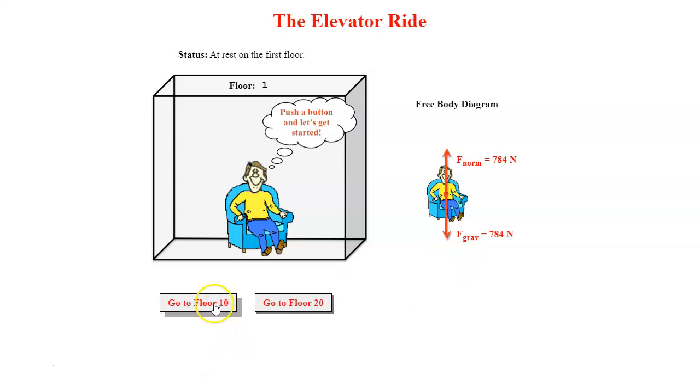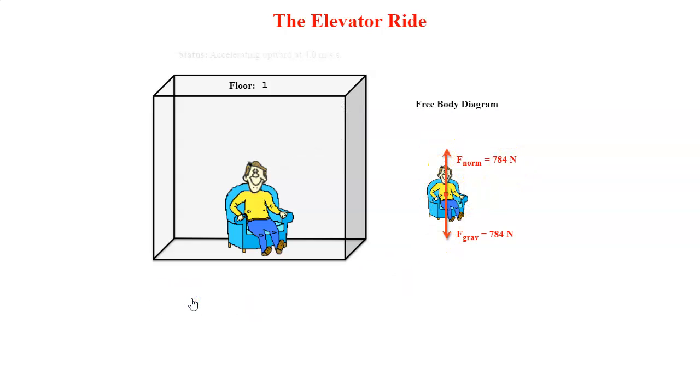We can click on go up to floor 10. Notice here's the floor we're currently on. Here's a status that could change, and you could even notice this little blurb coming out of the guy's head, thinking what's going on to himself. To correctly answer the questions, you need to look at all these together, as well as the specific numbers and what these forces are doing.